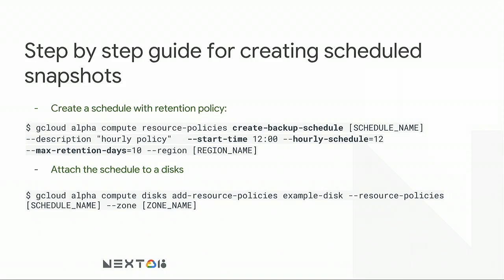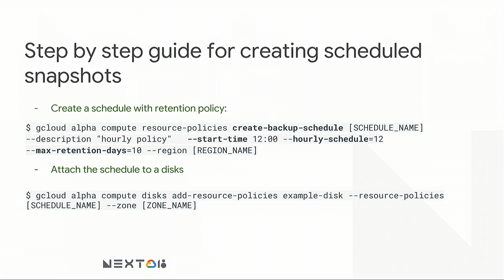All you need to do is 2 steps using our gcloud. First is to create a schedule in which you specify a start time that tells us the time of the day at which you want the snapshots of the disks to be taken, and then you specify the frequency for those snapshots. And as Sophia mentioned, it could be hourly, like every hour, every 12 hours.